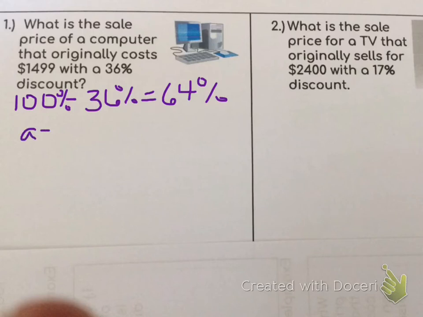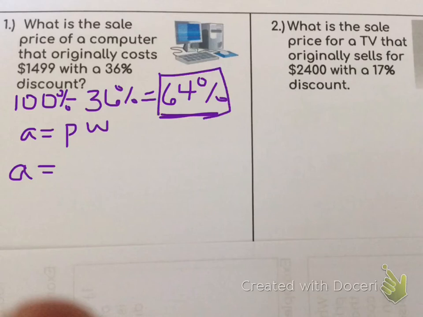You're going to use the same equation. Part equals percent as a decimal times the whole. However, in this case, I'm finding the part that I'm paying for, because I'm paying for 64% of the item, and that's the percent that I'm finding. So I'm going to take the percent that I am paying for instead of the percent of discount, and change that to a decimal.